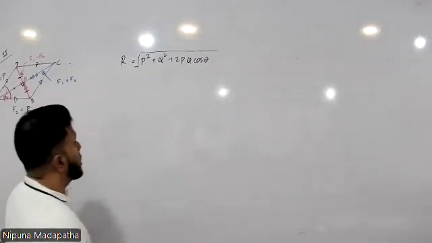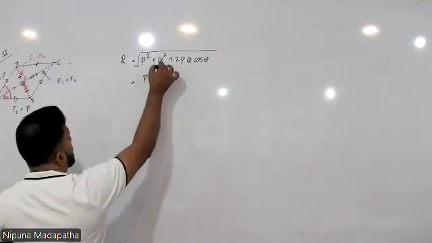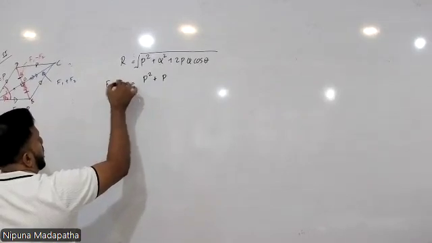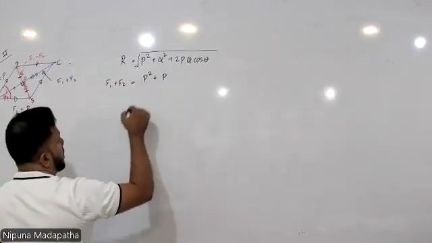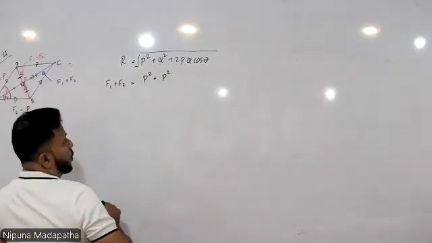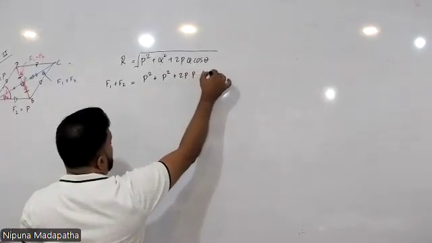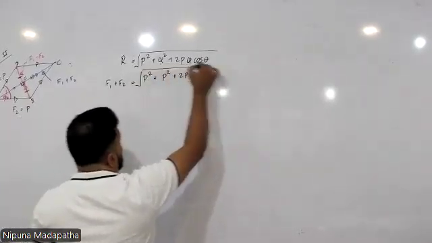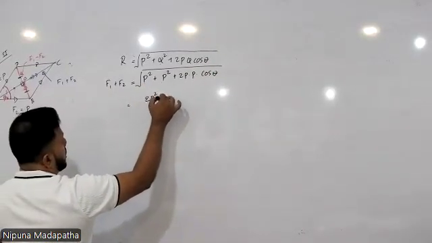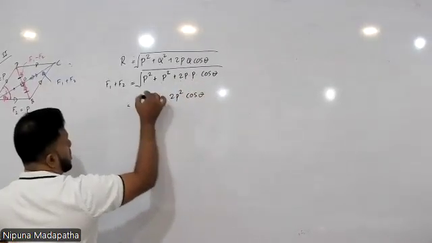Both we can take as P. So the resultant of F1 plus F2 is given by the square root of P squared plus P squared plus 2P times P cosine theta. Here we have 2P squared, and again another 2P squared cos theta.